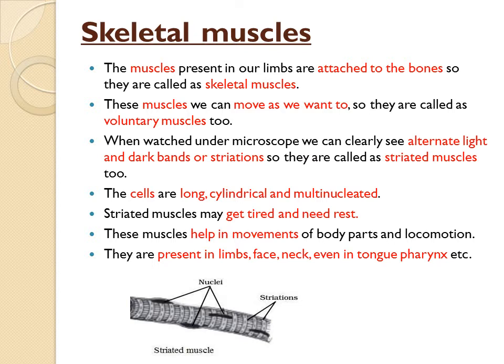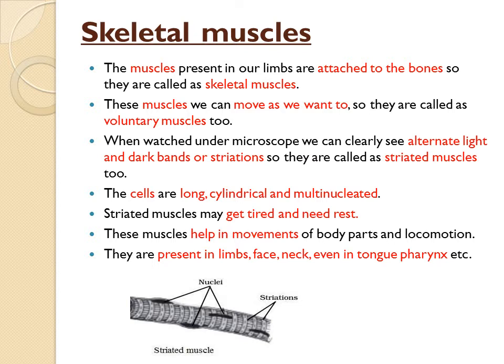So this type of muscle tissue is also called striated muscle tissue. Due to the presence of repeated arrangement of two types of contractile proteins, actin and myosin, we can see striations on cells of muscle tissue.